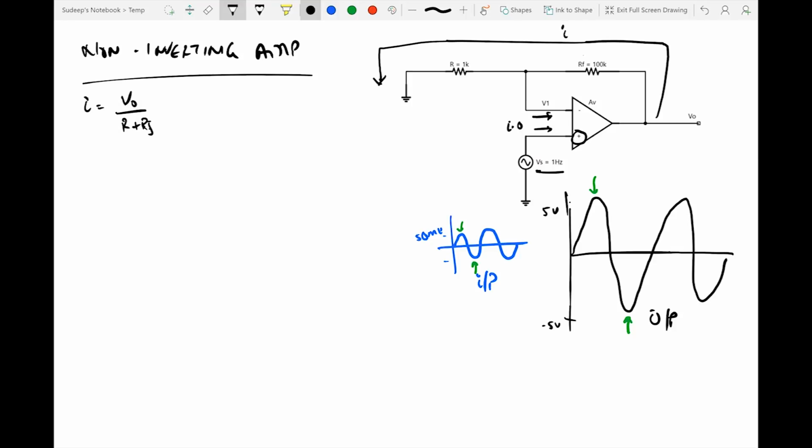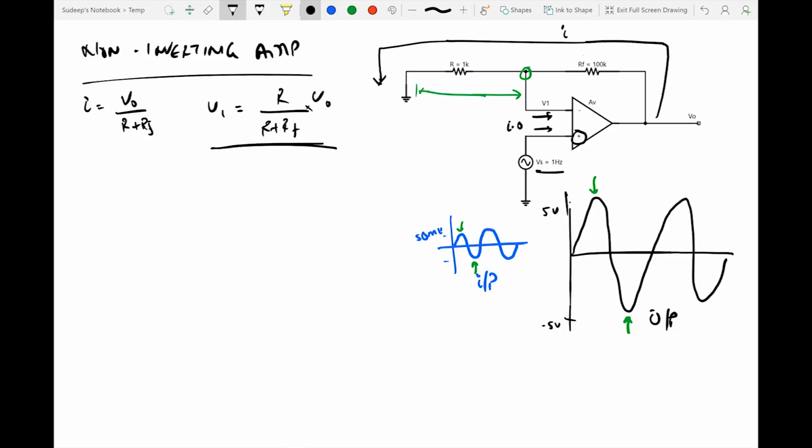That also tells us that the V1 voltage, which is the voltage caused by the potential drop across the resistance R, would be equal to IR, I being V0 by RF plus R, into the resistance R. So this is the value of V1 that we would be getting.